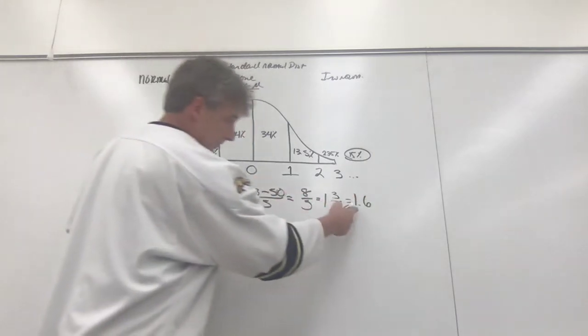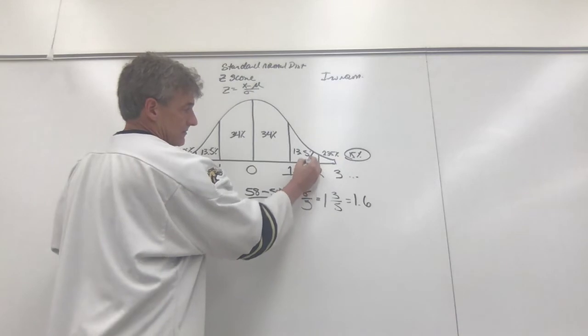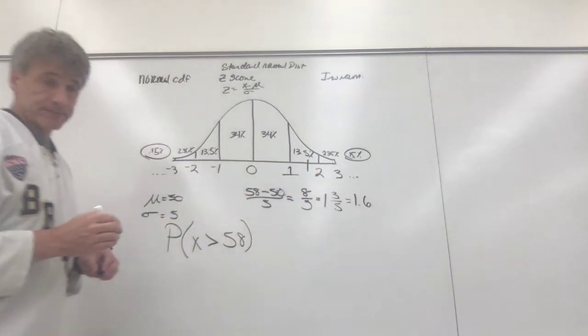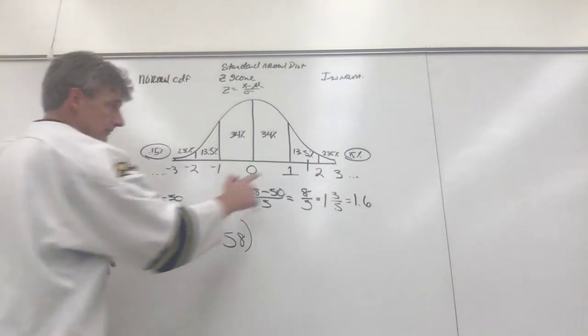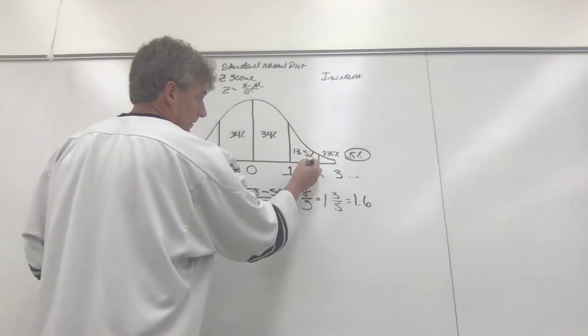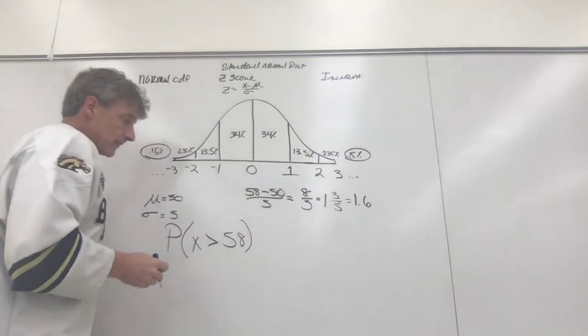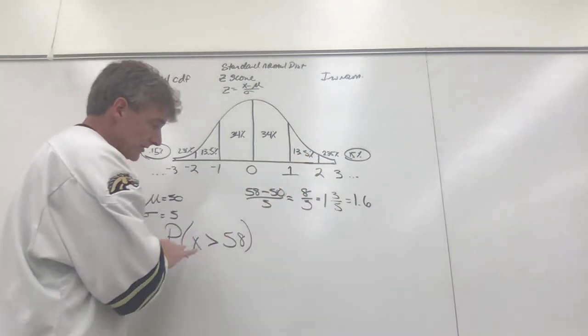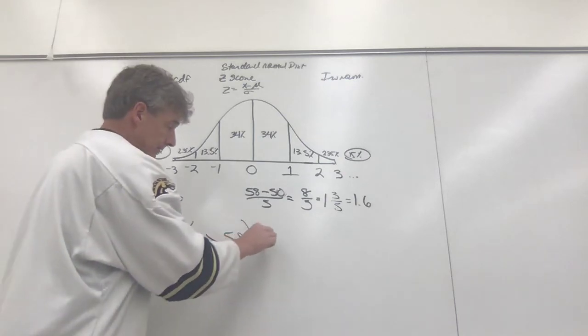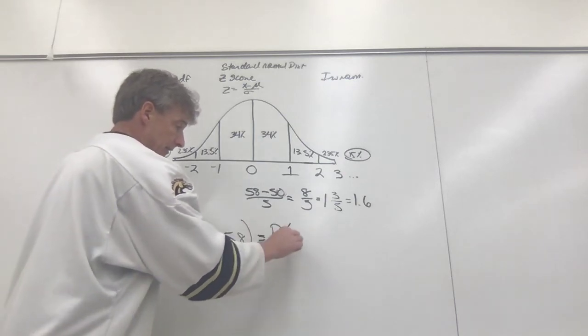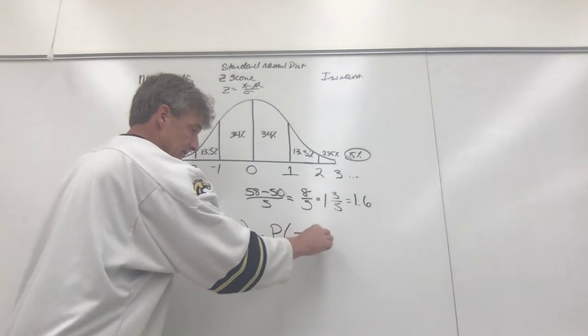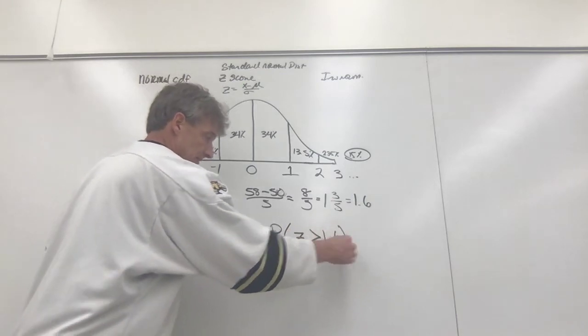So our z-score is 1.6. We're landing somewhere in that area, okay? Now, when I change to z-score land, I would write it as the probability that my z is greater than 1.6.